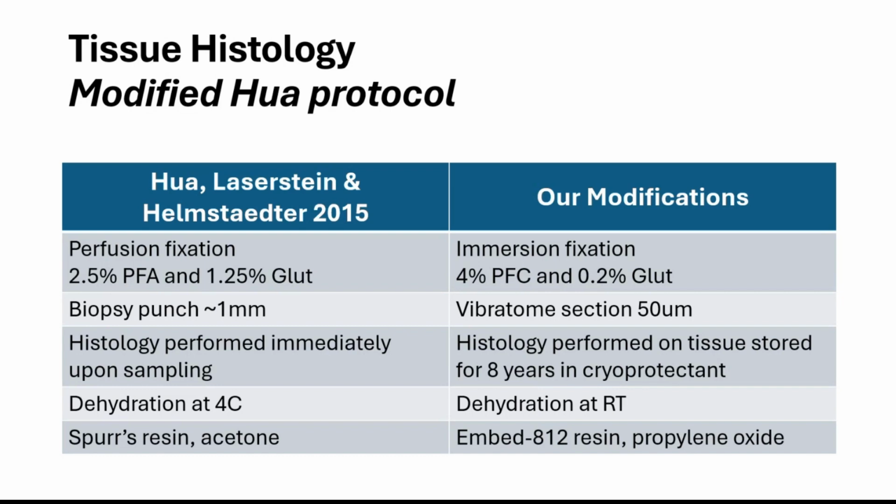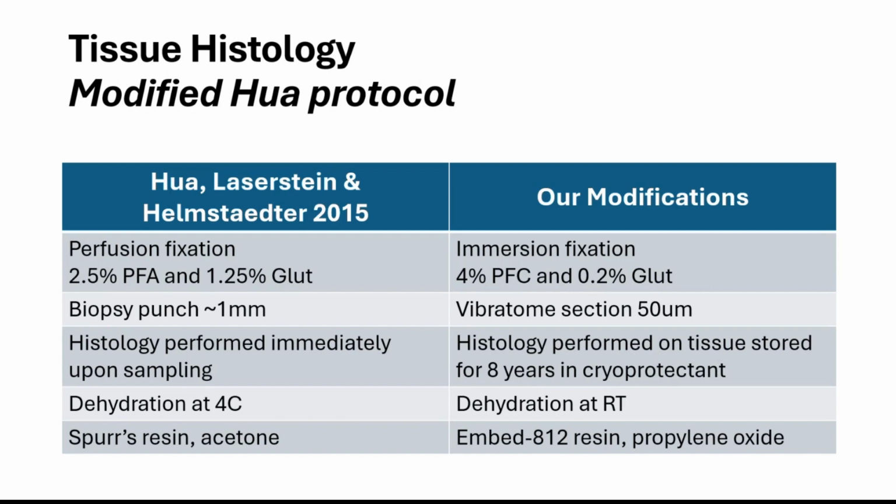They used a biopsy punch that was quite a bit thicker than what we used, which was a 50 micron thick section. Of course, histology is performed immediately after the tissue is fixed and sampled. And here we performed the histology on tissue that had been stored for a little over 8 years in cryoprotectant.